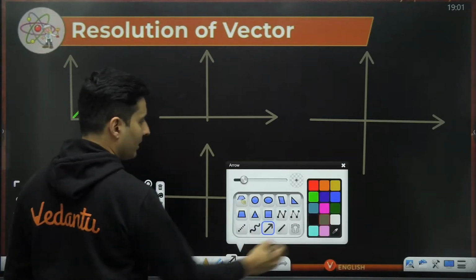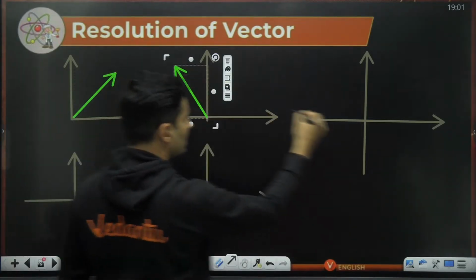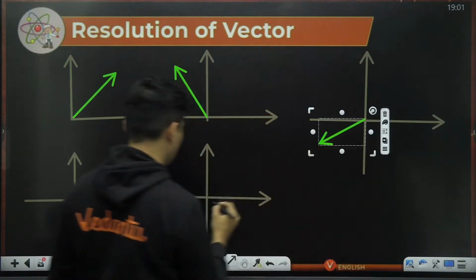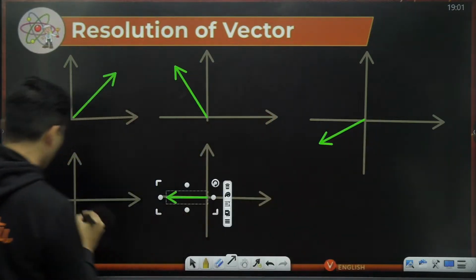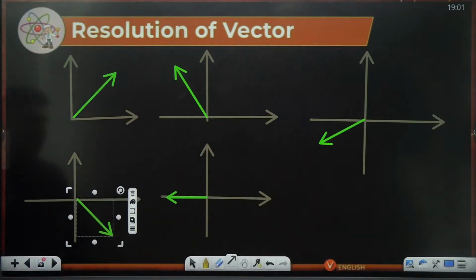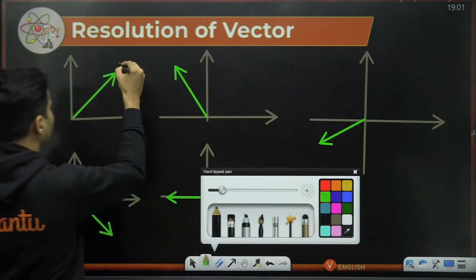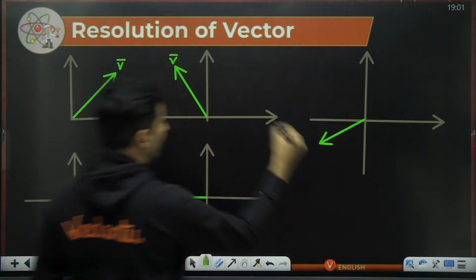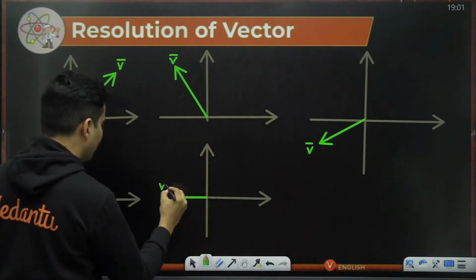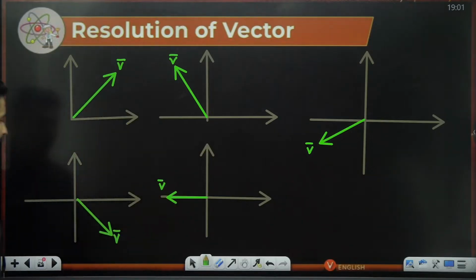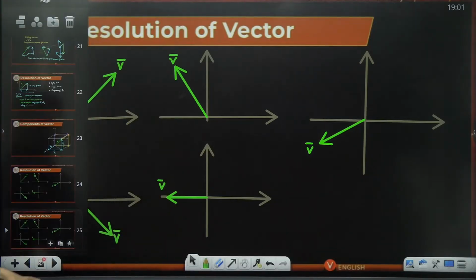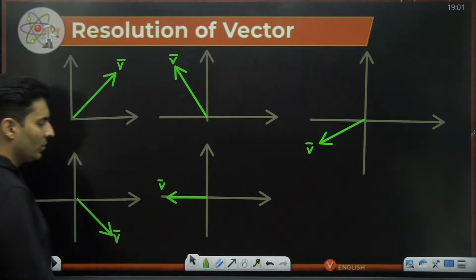And let me show the vector itself like this, maybe like this, maybe like this. These are our vectors and we want to split them into components. Vector V. I want to split it into multiple components. So how do I do that?